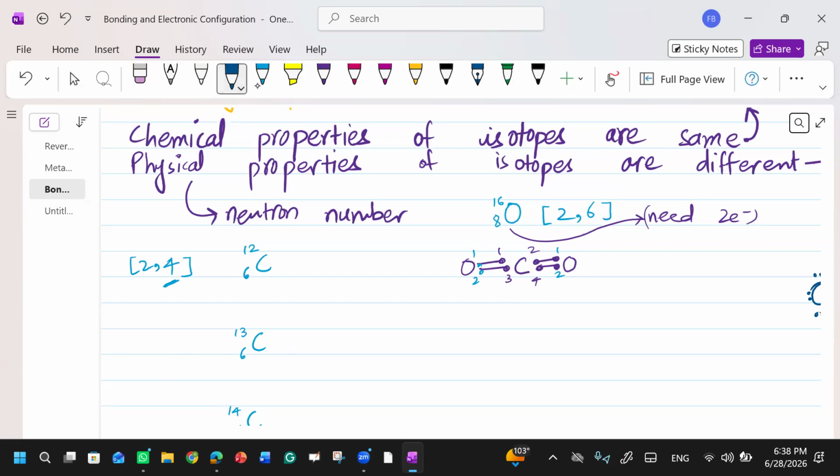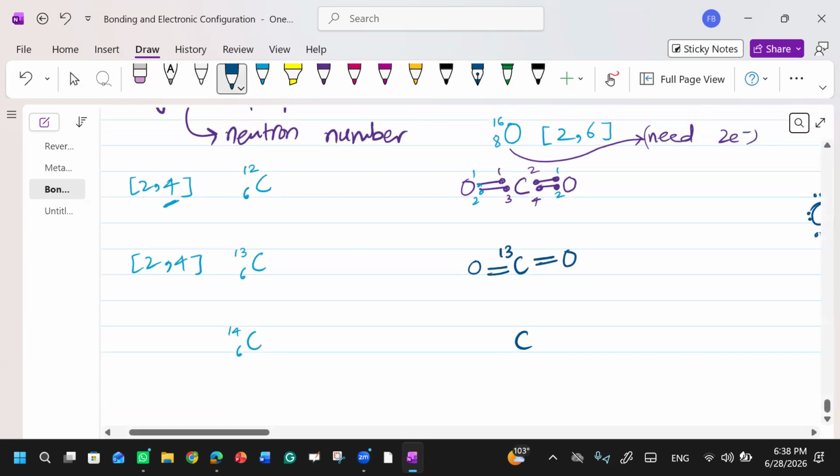Similar is the case here. If you see, the electronic configuration will be the same, 2 and 4. Similarly, there is oxygen. Only we will change the carbon. The carbon will now be carbon 13, okay? The same pattern will be followed. Similarly, for this, the same pattern will be followed. Carbon 14, okay? This is what they have mentioned.